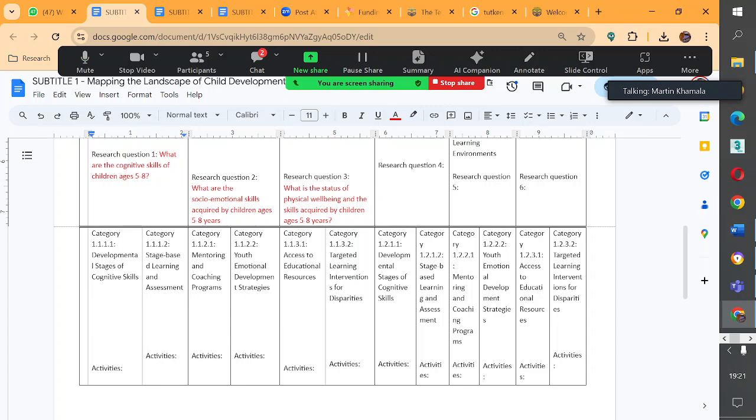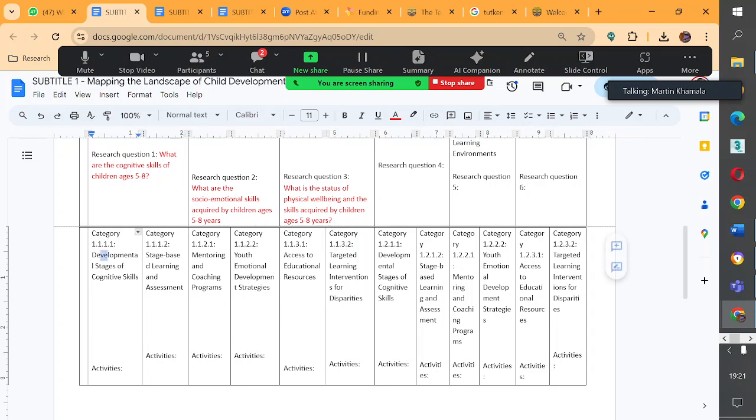Under that question, we were proposing a series of research activities, based in 2 different categories. Again, 2 was arbitrary, we just put it there to give it structure. In this example, we're saying under this research question, 1 category would have activities around the developmental stages of cognitive skills.